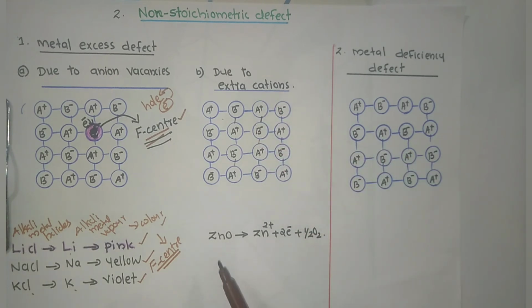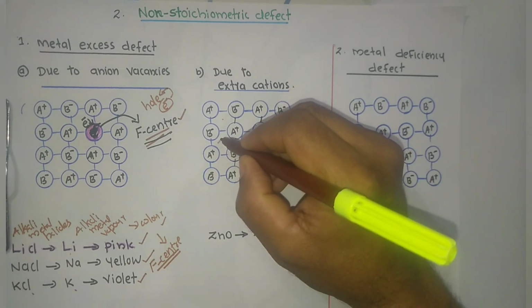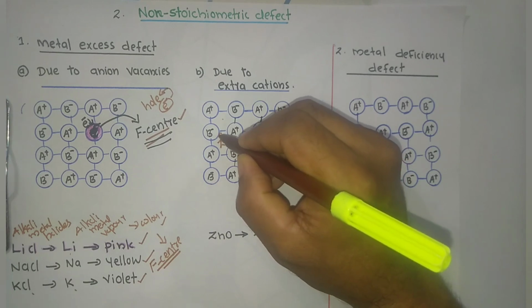For example, when zinc oxide is heated, the white colored crystal becomes yellow. On heating, it loses oxygen. That is, ZnO gives Zn2+ plus 2 electrons plus half O2. Here Zn2+ occupies the interstitial site.